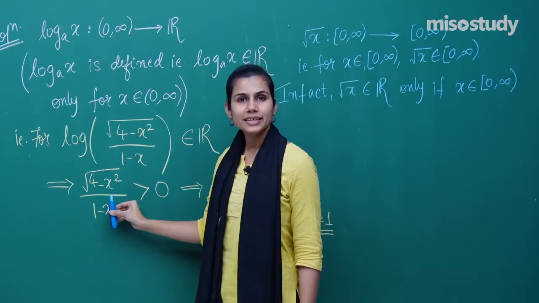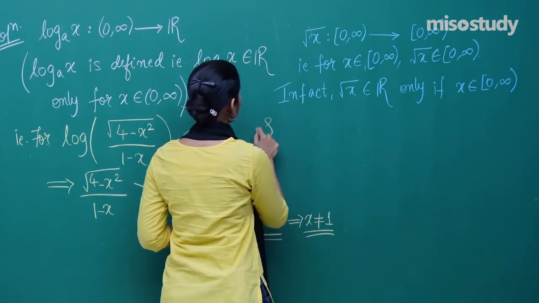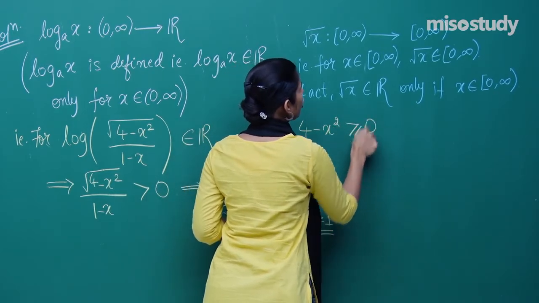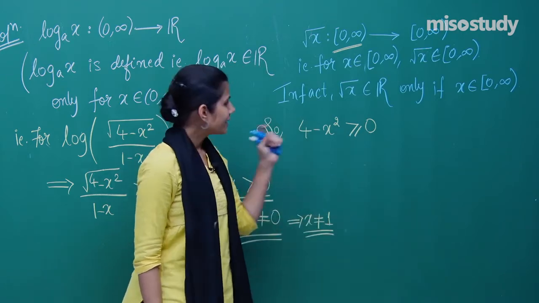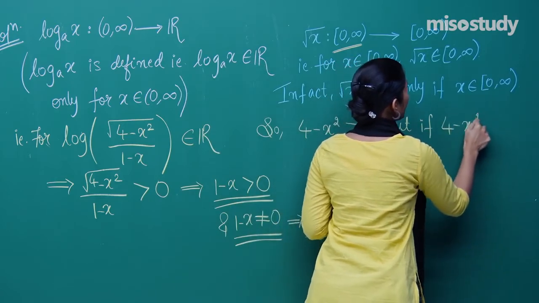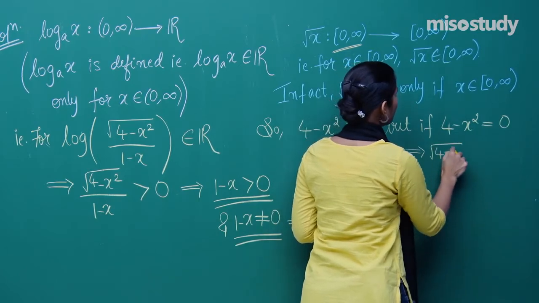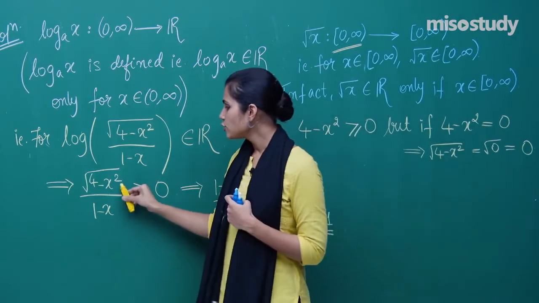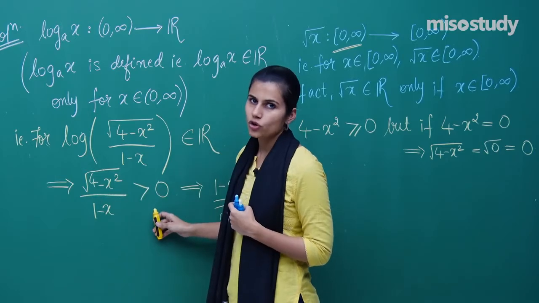So for under root 4 minus x squared to be actually a real number, first of all, I need this 4 minus x squared to belong to 0 comma infinity, or it should be greater than or equal to 0. But if 4 minus x squared happens to be 0, then under root 4 minus x square will be under root 0, which is 0, in which case you will have numerator equal to 0, the entire expression will turn out to be 0, and definitely it is not greater than 0.